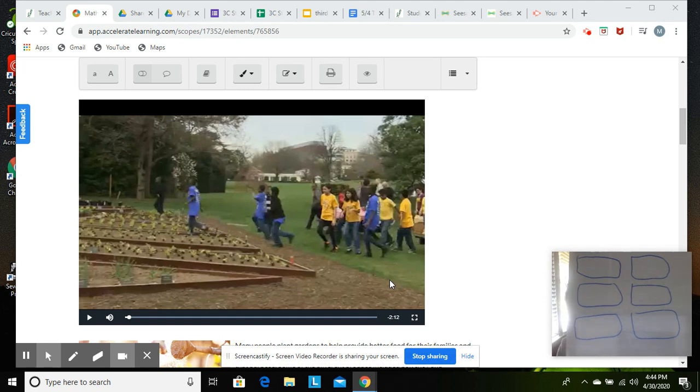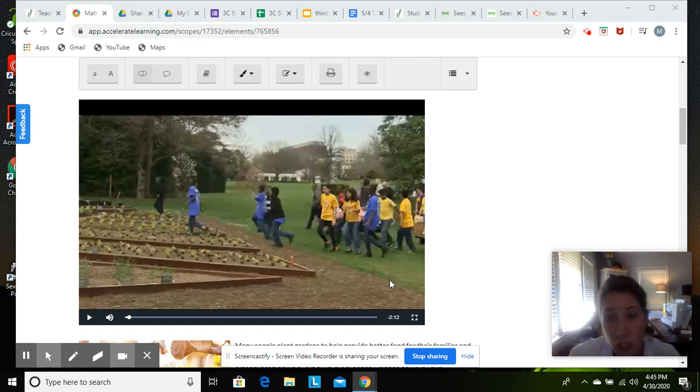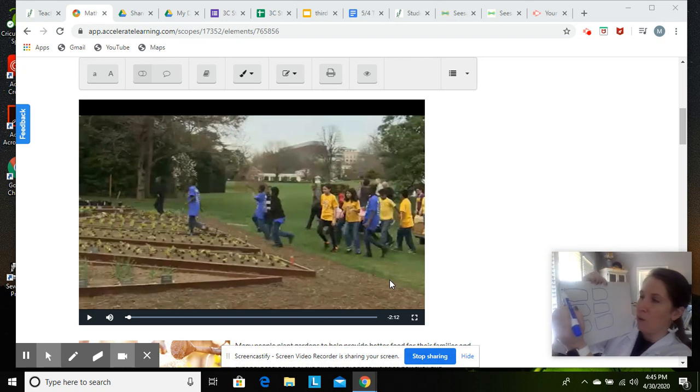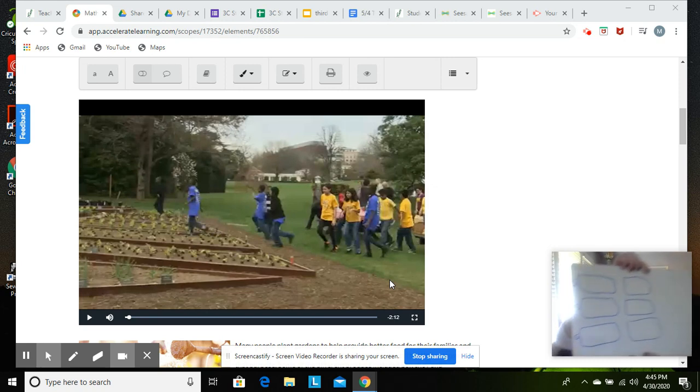So, with these 6 garden beds, students planted seedlings in 3 of the beds. I'm going to stop right there because I want to show that on my board. I want to make sure that I see which ones the students planted. So students planted seedlings or just seeds in 3 of the beds. So I'm going to write a little S beside 3 of these. Okay.